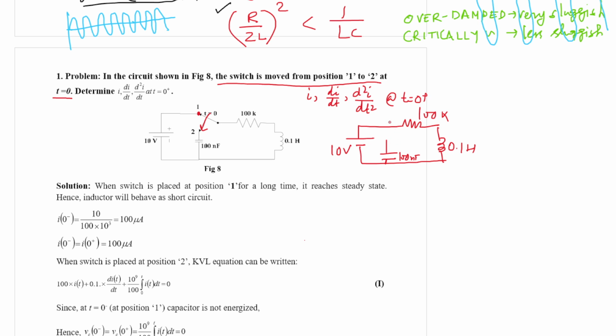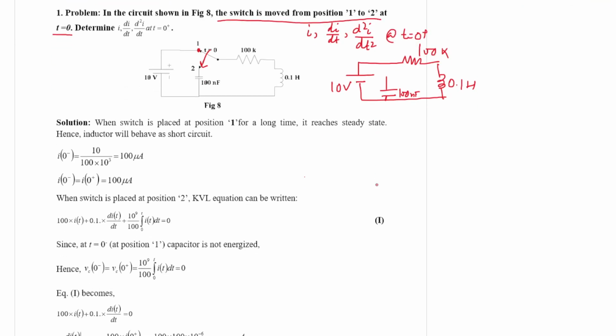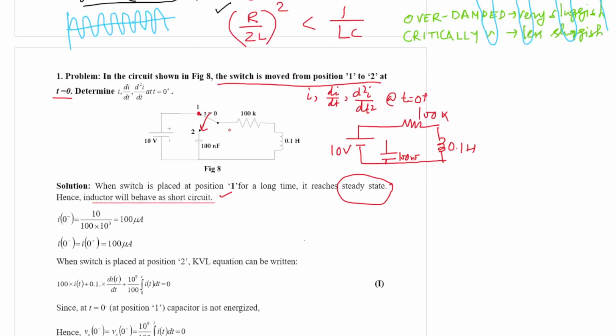When the switch is placed at position 1 for a long time, the circuit reaches steady state, and immediately we can conclude that in steady state the inductor will behave as a short circuit, offering zero resistance or zero reactance.